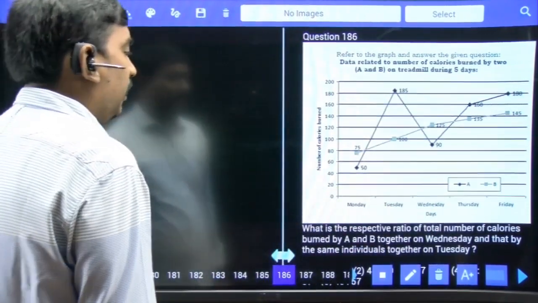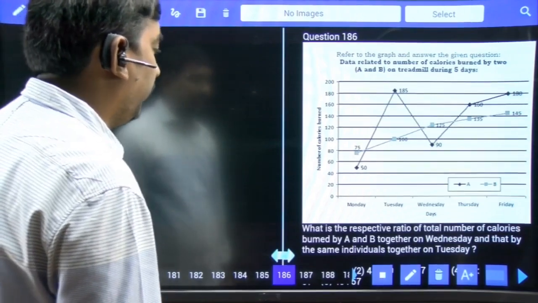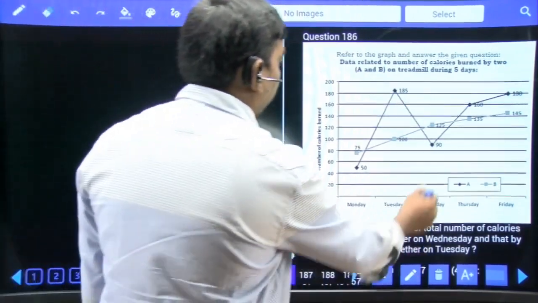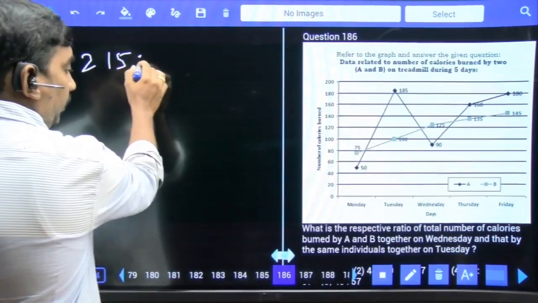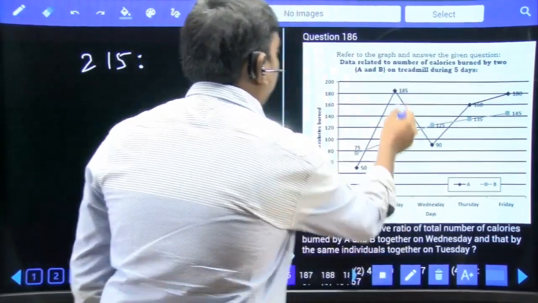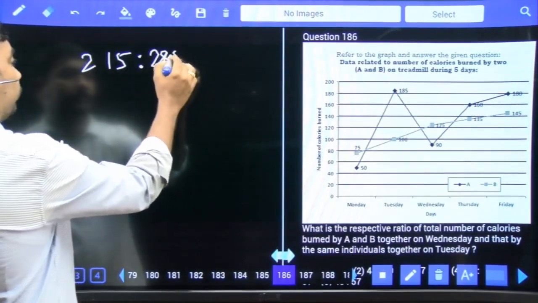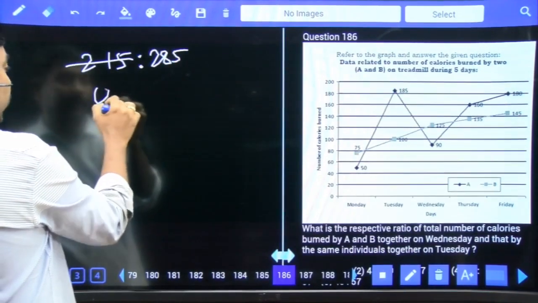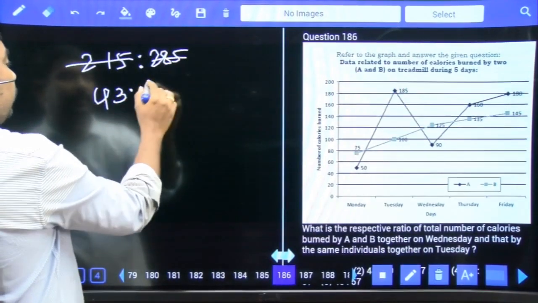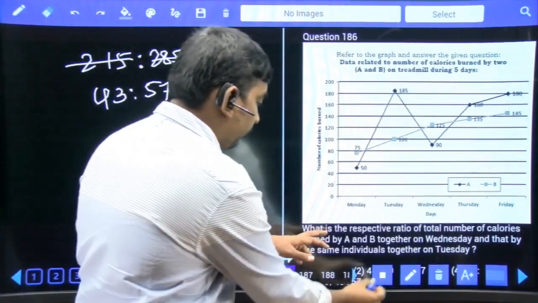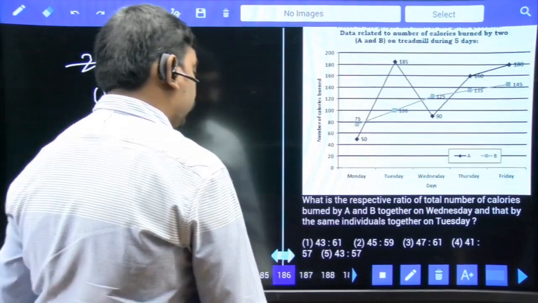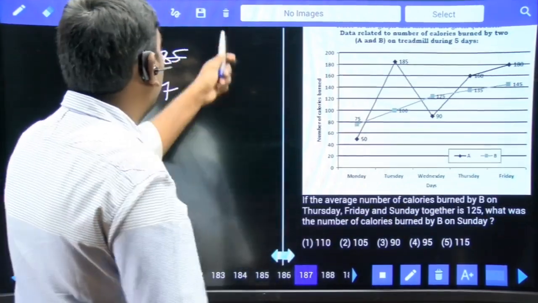What is the ratio of the total number of calories burned by A and B together on Wednesday, 125 plus 90, 215, to individuals together on Tuesday, 285? 43 is to 57. Fifth option.